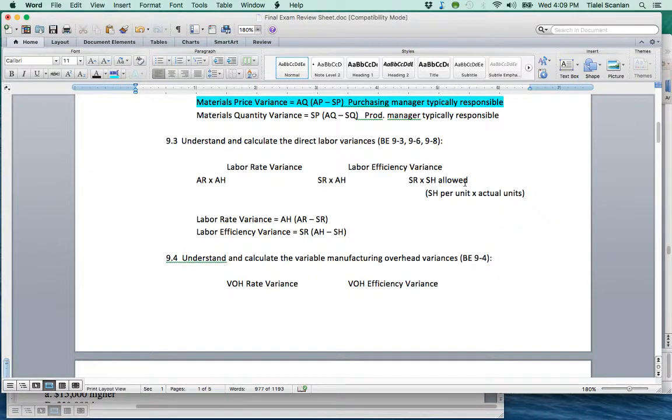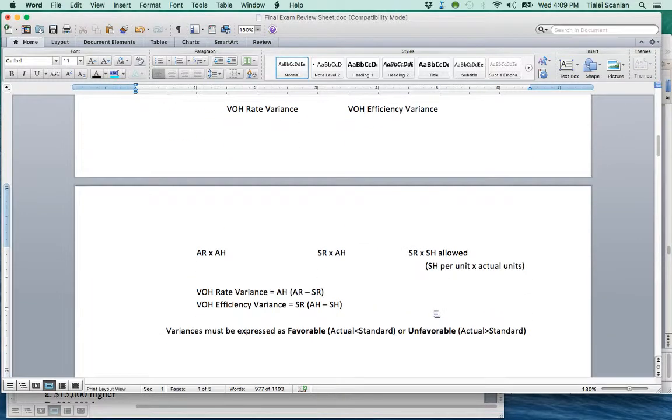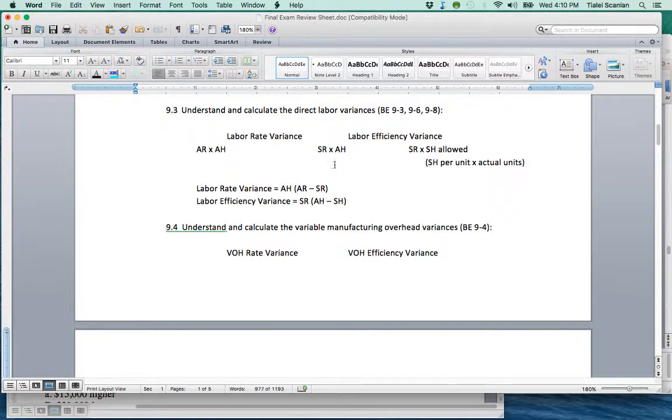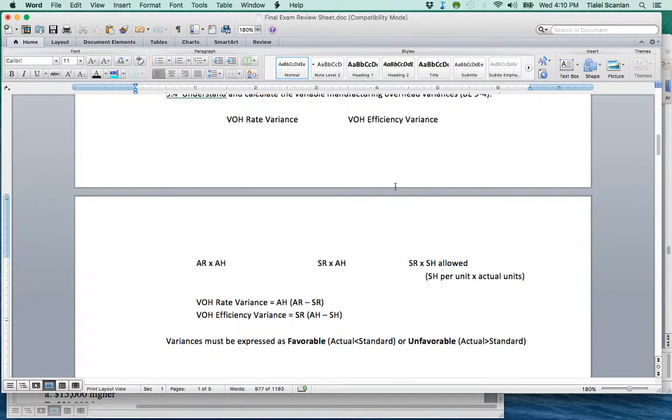So the standard direct labor hours will be the same for both. If you feel like you're missing part of the variable overhead hours, just refer to the direct labor hours given for the direct labor variances.